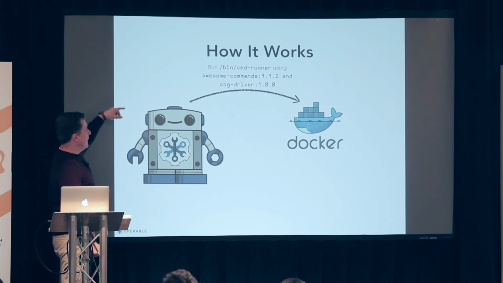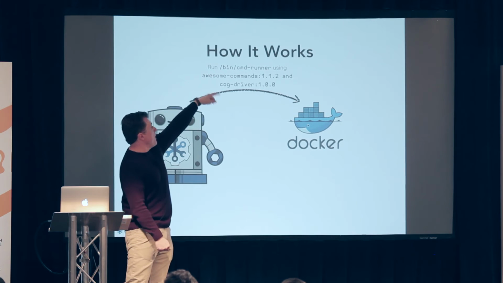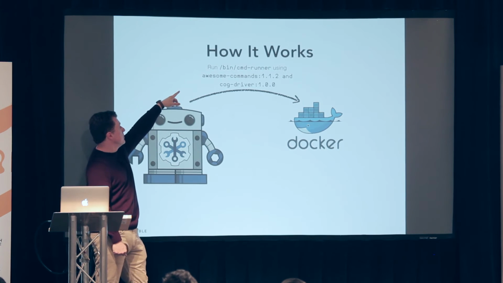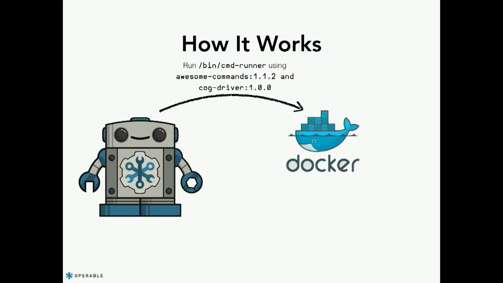So we say, run this command runner script using the image that the user has installed, and here's this little shim image that we've added. One thing that's really interesting about Docker is it allows you to compose images at runtime.